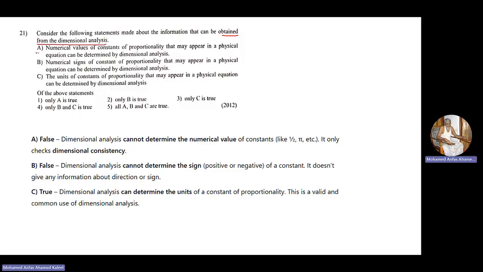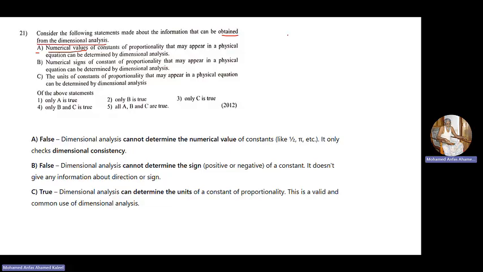Statement A says numerical values of constants of proportionality that may appear in a physical equation can be determined by dimensional analysis. But it's telling the numerical values. Numerical values we cannot determine using dimensional analysis.